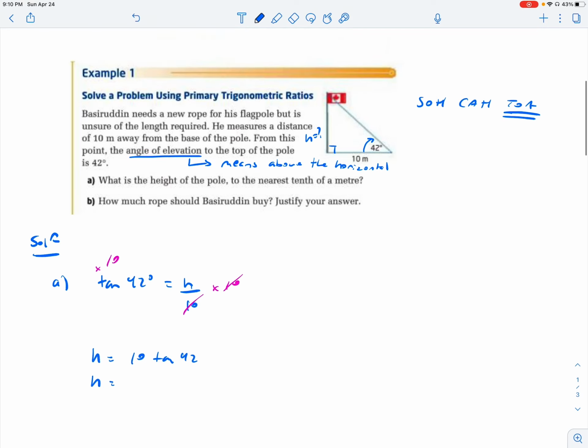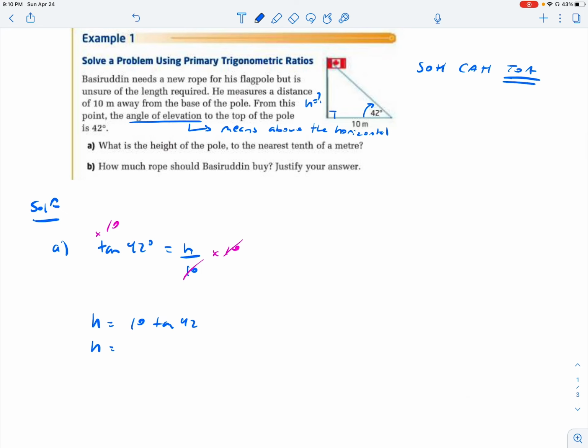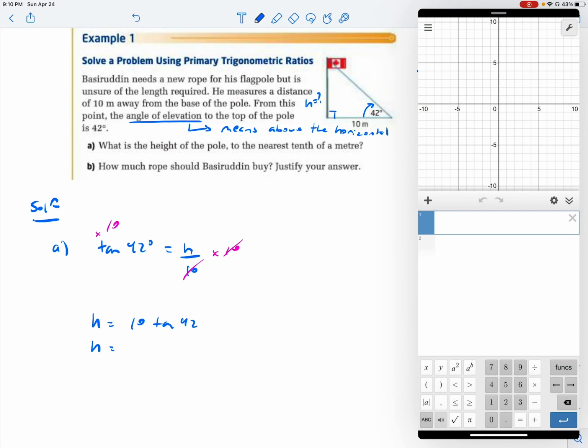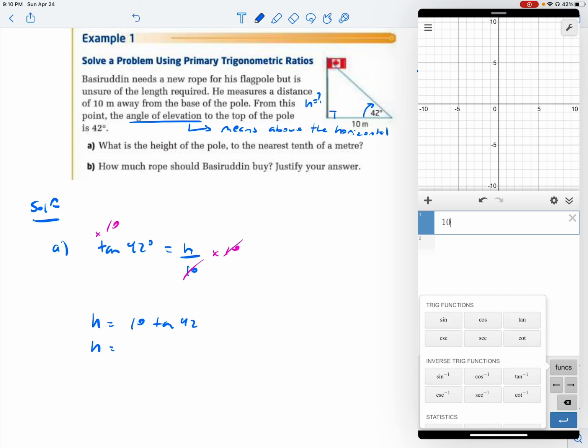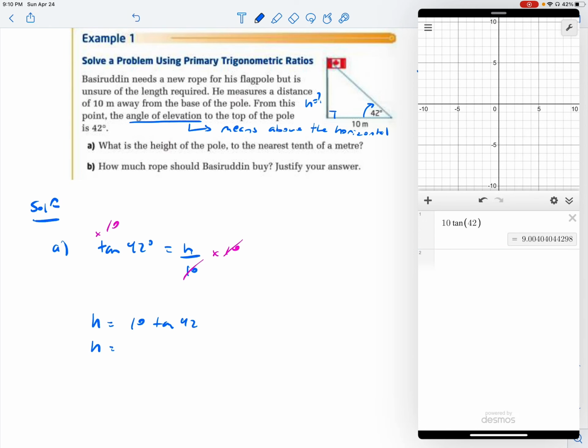Make sure your calculator is in degrees. So we'll do 10 times tan of 42. I have to switch mine to degrees. And we have almost exactly 9.004. It says to the nearest tenth of a meter, so we can write 9.0 meters. That would be the height of the flagpole.